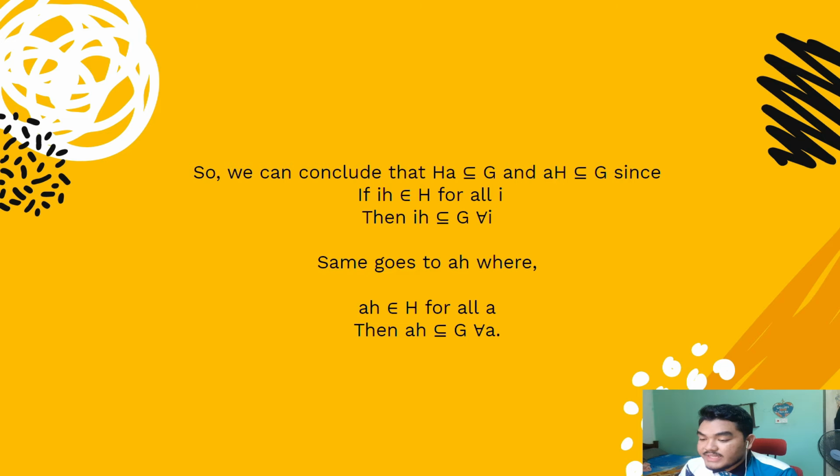So we can conclude that HA is a subset of or equal to G and AH is also a subset of or equal to G, since if ah is an element of G for all h, then AH is also a subset of or equal to G for all A.